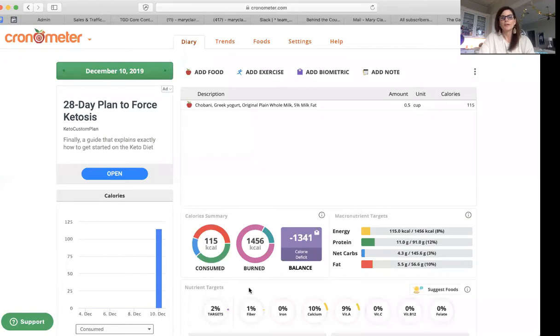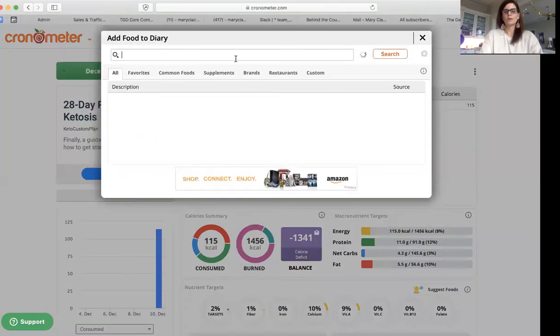If you look down here on the calorie summary, you have your protein, carbs, and then you have your fats. It's already popping up here, okay? I am going to add my walnuts.